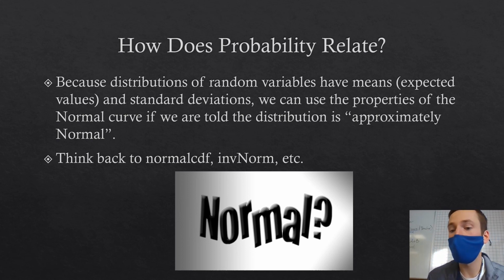So because random variables have an expected value or a mean, and we have a standard deviation, and if we are told that they are approximately normal distributions, then we are able to use those helpful properties of the normal curve. So that's where we're going to be heading moving forward, not so much this unit, but in units in the future. Just know that random variables are closely related to our probability for the normal curve.